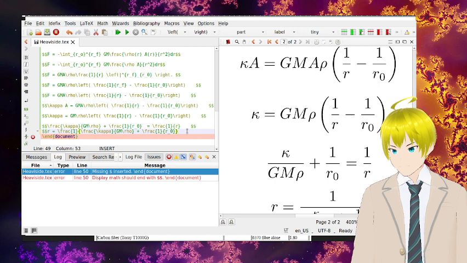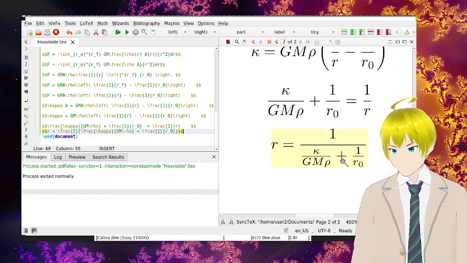You failed us. So now I think what I want to do is multiply the top and bottom by GM rho, and then multiply by R naught. I just don't like the fraction within a fraction stuff. It bothers me.